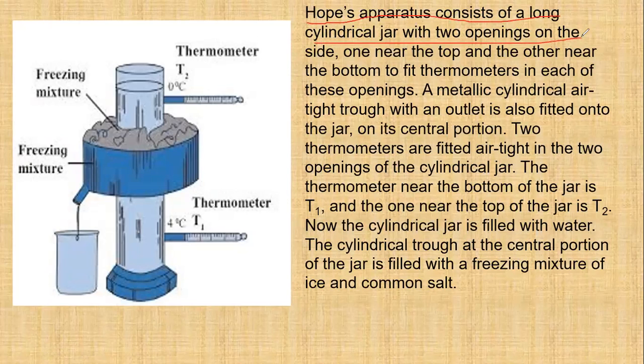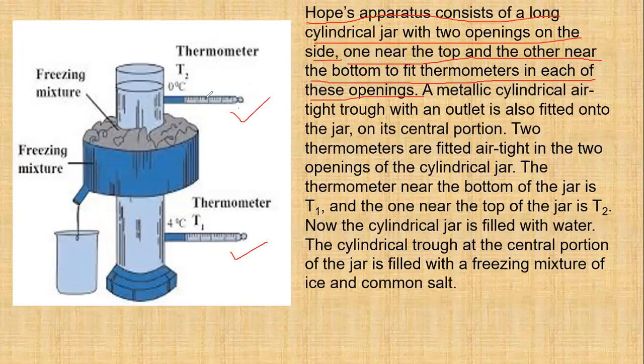Here you can see, in the jar, one opening near the top and the other near the bottom, to fit a thermometer in each of these openings. Here you can see the two thermometers fitted at the top and at the bottom.